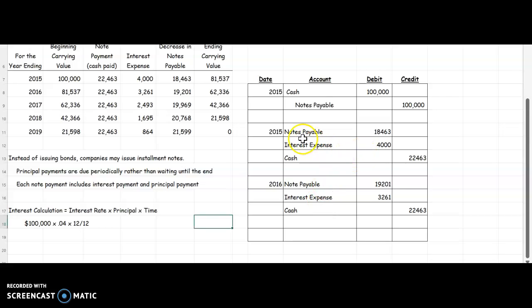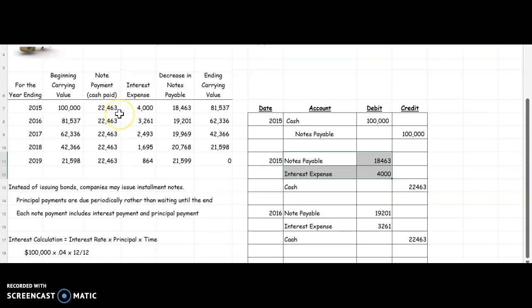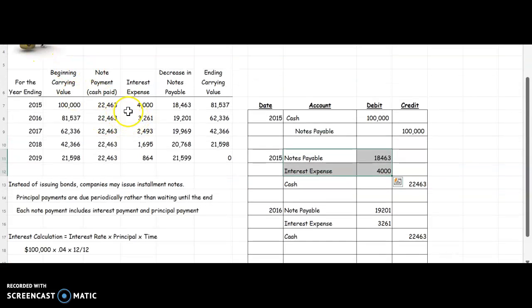But what I want to point out is these two numbers here will always equal your total cash payment. Some is going to the note and some is going to the interest. But these two numbers together would always equal the cash payment. And you can see that in the amortization schedule.